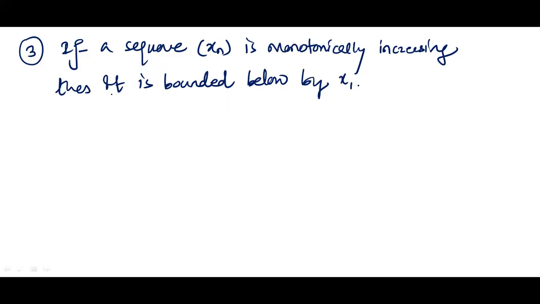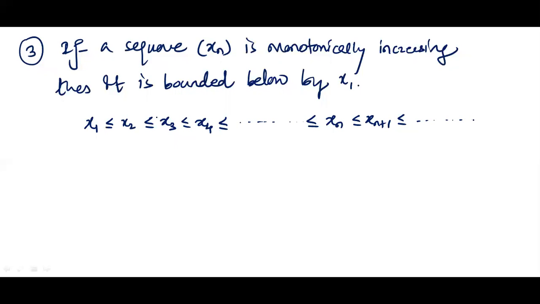It is bounded below by its first term, because since xn is a monotonically increasing sequence, x1 is less than or equal to x2, x2 is less than or equal to x3, x3 is less than or equal to x4, and so on. Means the terms of the sequence somewhere will get xn less than or equal to xn plus 1, and so on, right? Means x1 is the smallest term of the sequence, so the terms of the sequence are bounded below by x1.